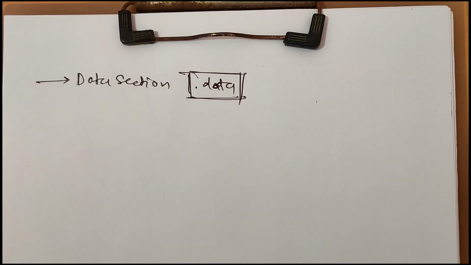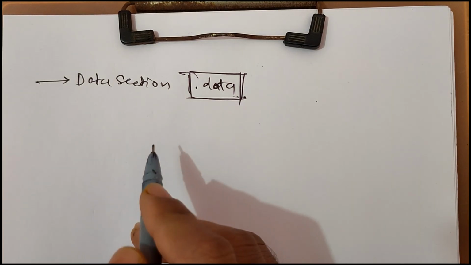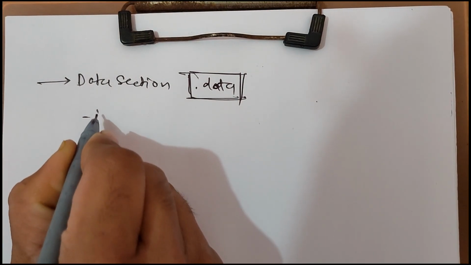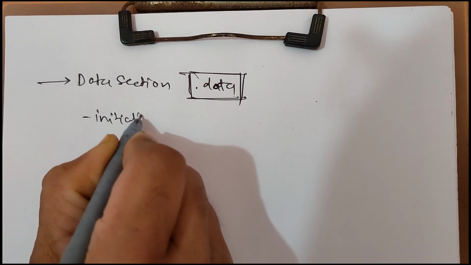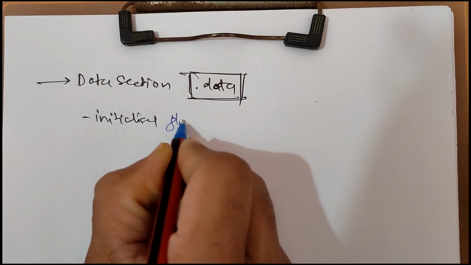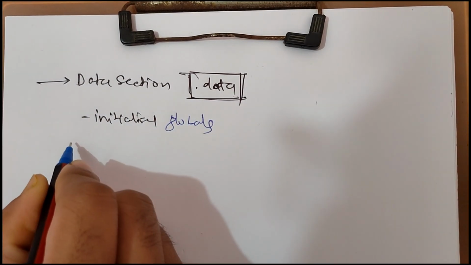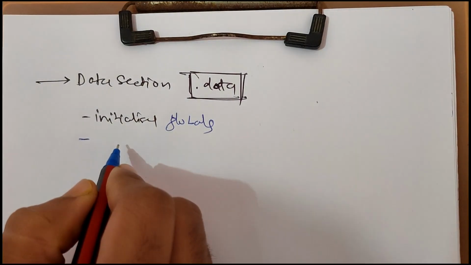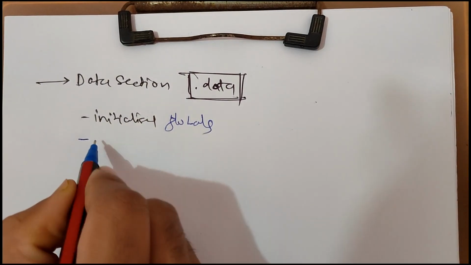The standard definition for what goes inside the data section would be all the initialized globals and your static variables within the body of a function.